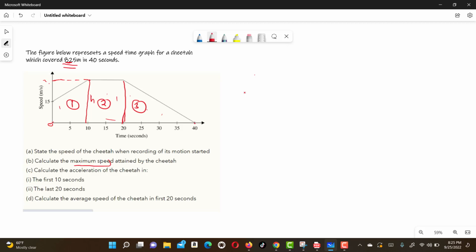So the first area is a trapezium. How do you get the area of a trapezium? The area of a trapezium is equal to a half times the sum of the parallel sides multiplied by the height. So this is the same as a half into bracket; the parallel sides are 15 and the other one we don't know, h.